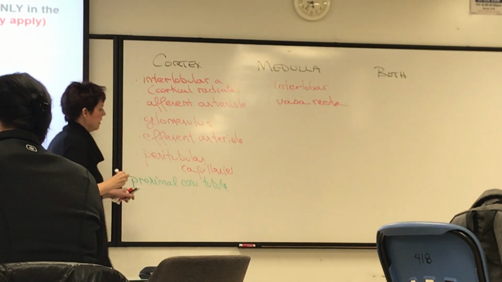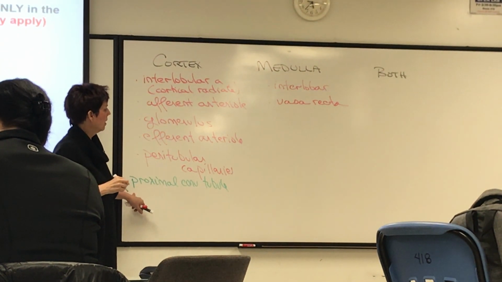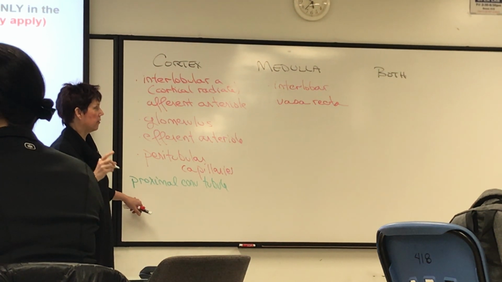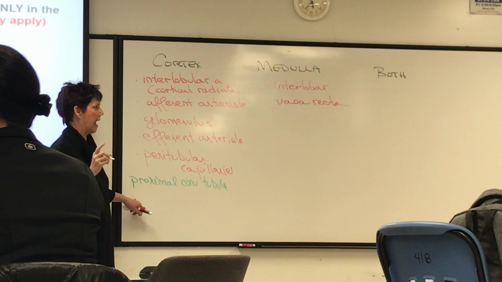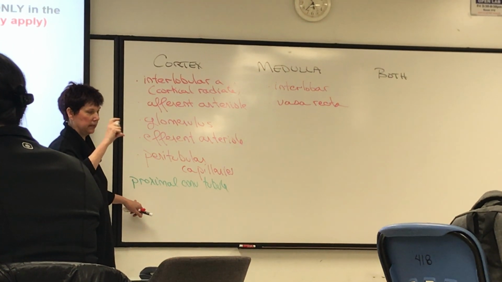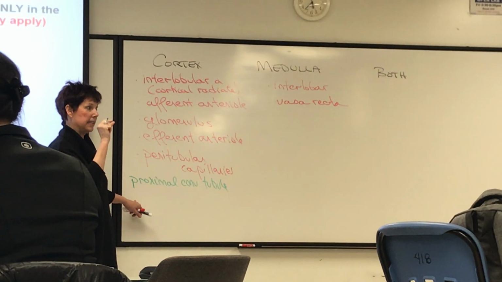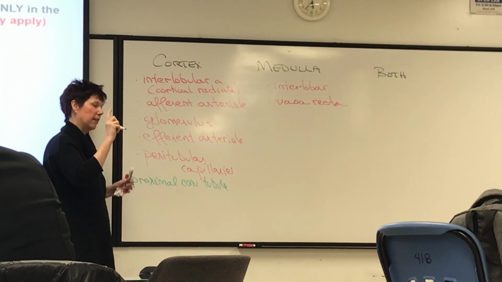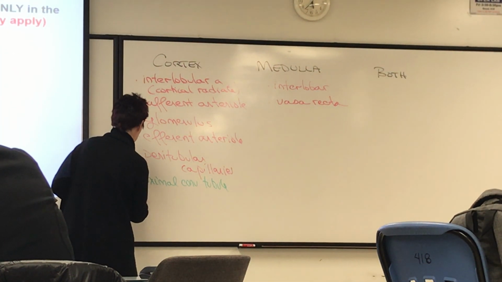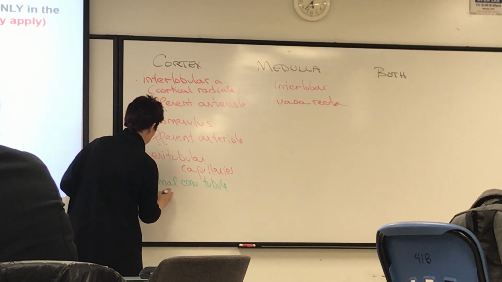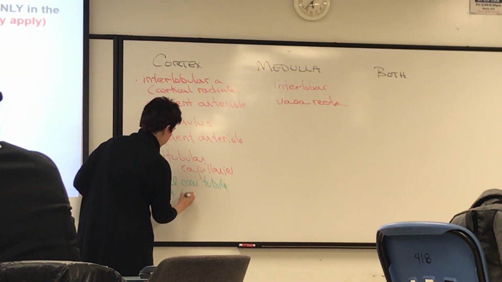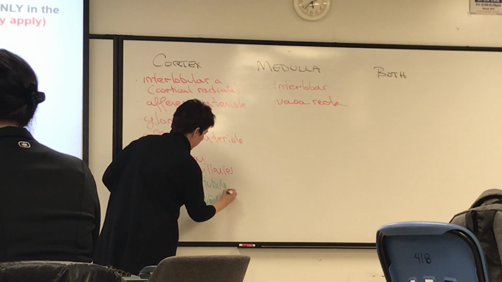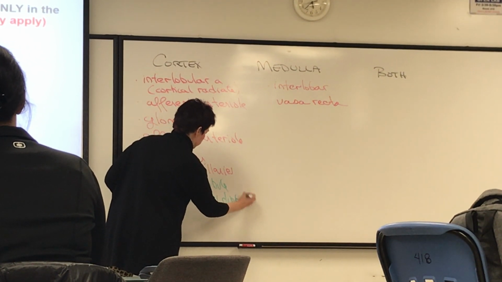Depending on the straight, if we talk about the straight distal as that part that's right just proximal to the macula densa between the afferent and efferent, yeah, but not the straight ascending. Okay. So straight and convoluted distal.